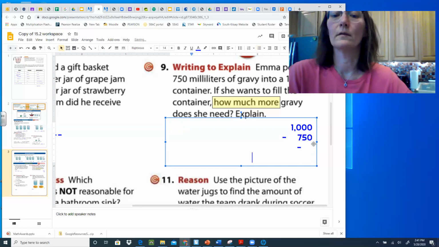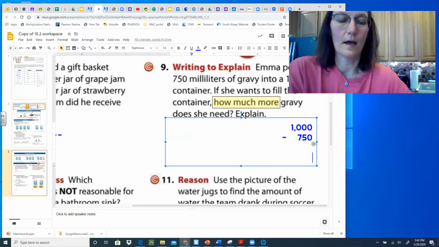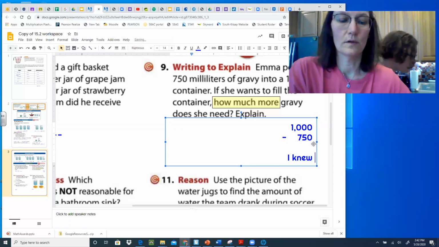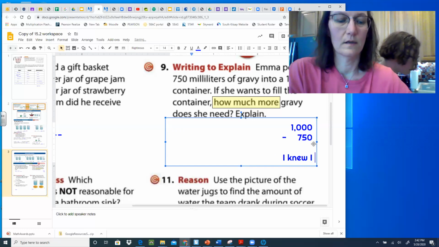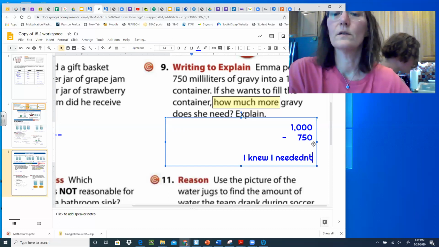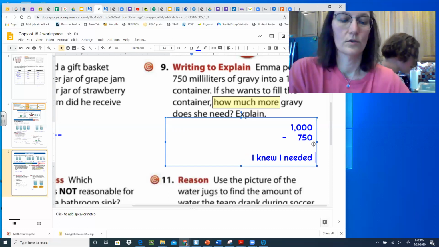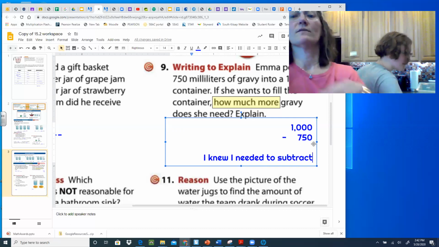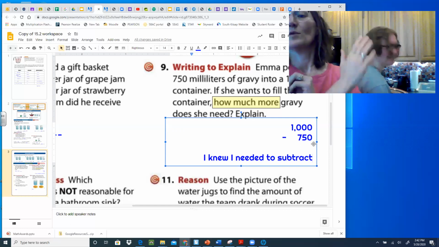Oh, it's doing that. Okay. I knew I needed to learn how to spell. I knew I needed to subtract. And now Bree's over here for some of that amazing cake. Everybody say hi to Bree.